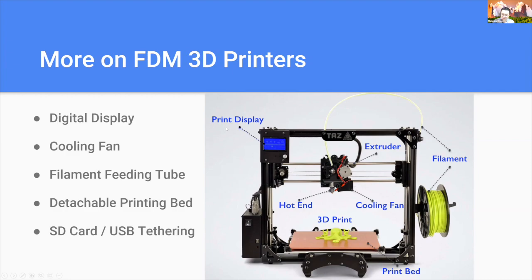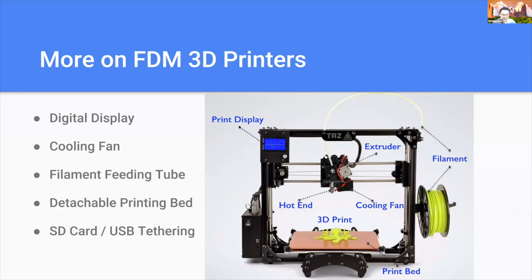right? Some 3D printers come with a print display, some do not. Most of them do, and sometimes you're able to directly print using the print display. So there's two ways you can control your 3D printer. The first one is if you connect your 3D printer via USB to your computer, where you can directly connect your printer to your printing software.